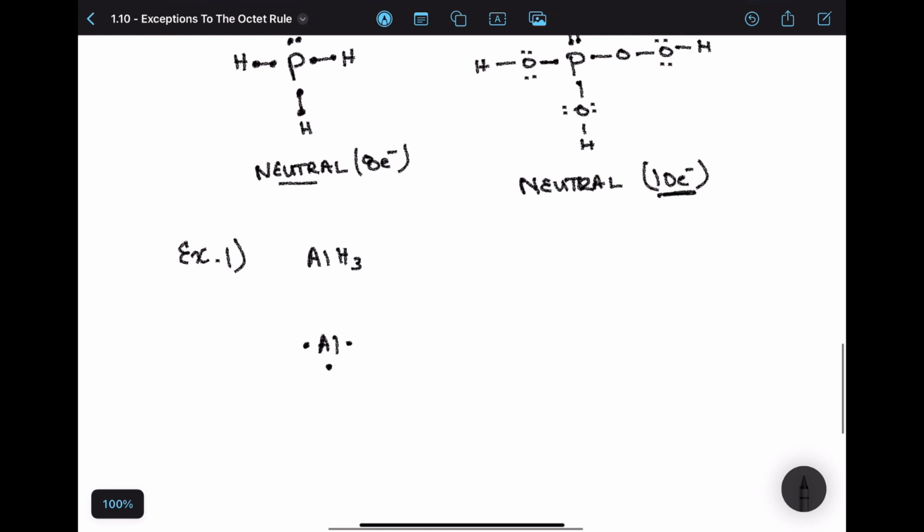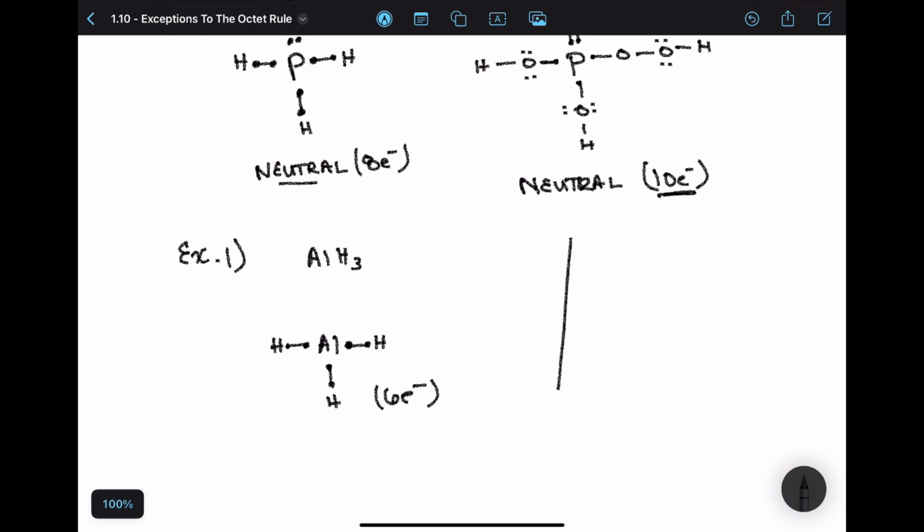So if we draw that and then we share it with those hydrogens, there is our structure. And so it has 6 valence electrons. Violates the octet rule, but that's okay because it only had 3 valence electrons to begin with.